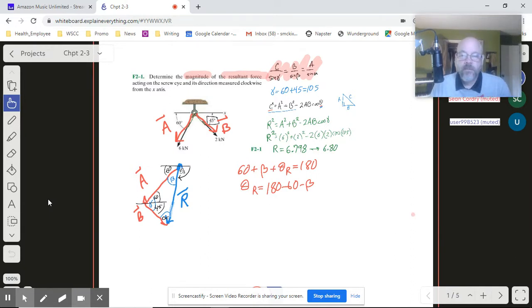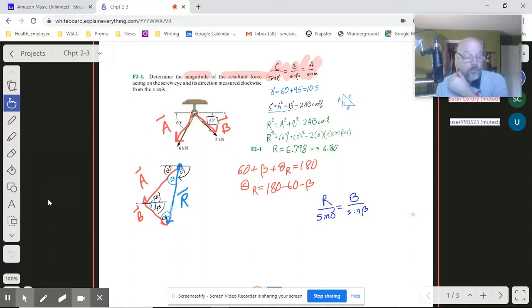What I've got is r over the sine of gamma has to be equal to b over the sine of beta.